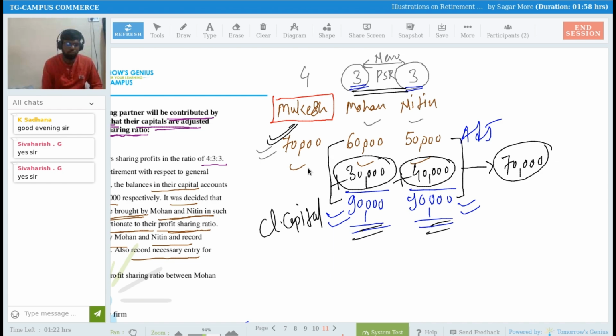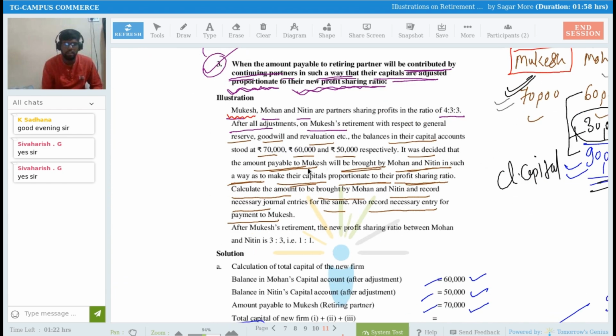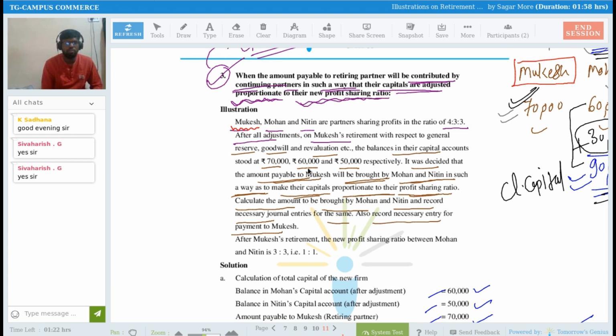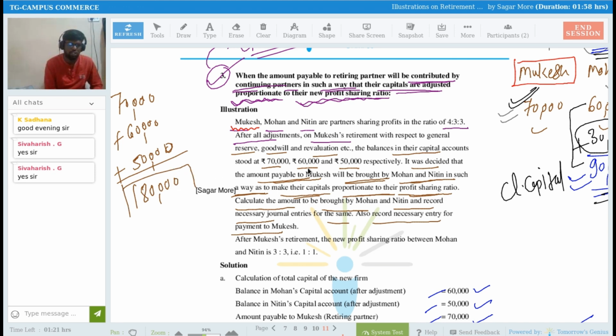So what I did, sir, is I simply added their adjusted capital: 70,000 plus 60,000 plus 50,000. After adding this, I get 1,80,000 rupees. I know this 1,80,000 is the capital of the firm, and there are only two partners now.